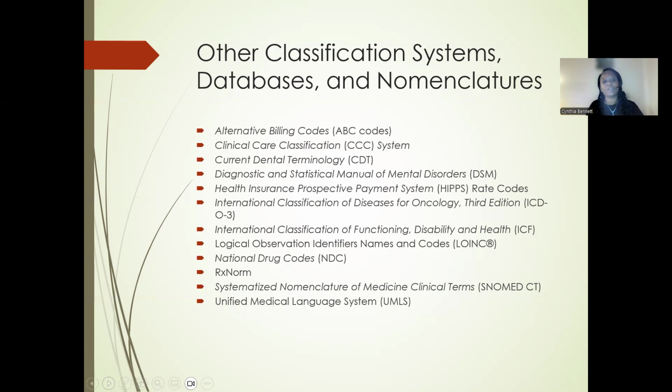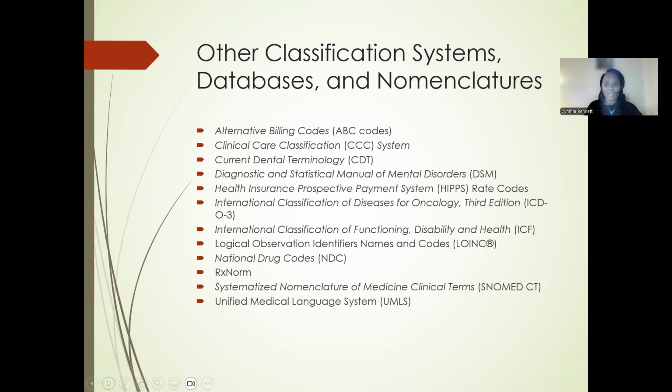So some of the other classification systems, alternative billing codes. You also have clinical care classification system. You have your current dental terminology, which a lot of dentist offices will use. You'll have your DSM, which your mental health organizations would use a lot. You have your HIPPS, which is your health insurance prospective payment system.